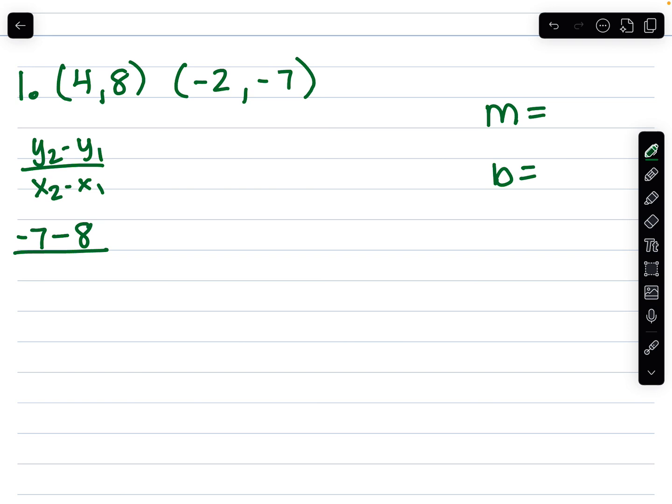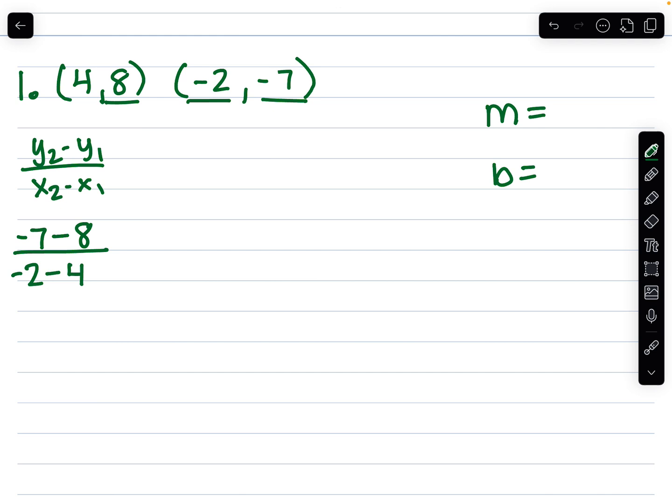Wrong. 8 we already used. -2. Good. So we already used our y's. So -2 is my x2, and I'm going to subtract x1. What would be my x1? 4. Good.